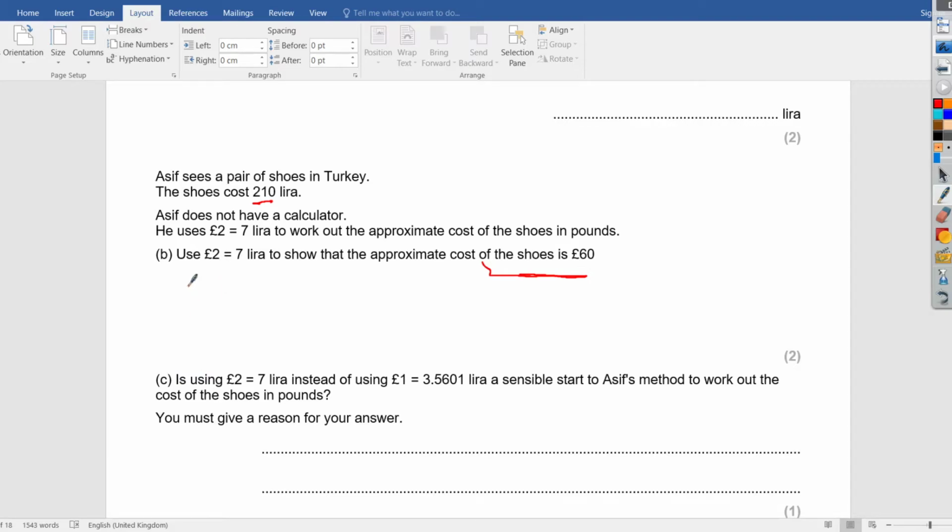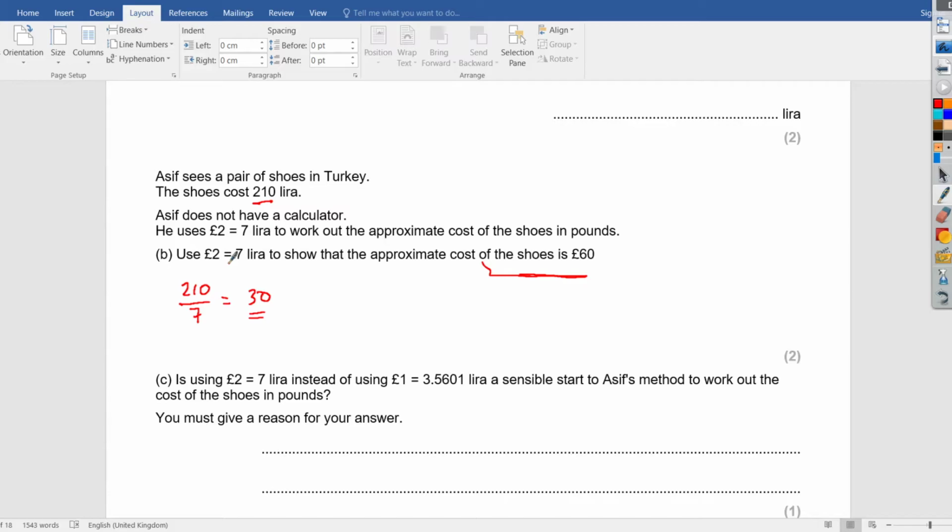Okay, so let's do this. First of all, we've got 210 lira the shoes are worth, and let's divide that by 7. How many lots of 7 are there in 210? So first of all, how many 7s go into 21 is 3, and put the 0 at the end. So that is how many 7s go into 210.